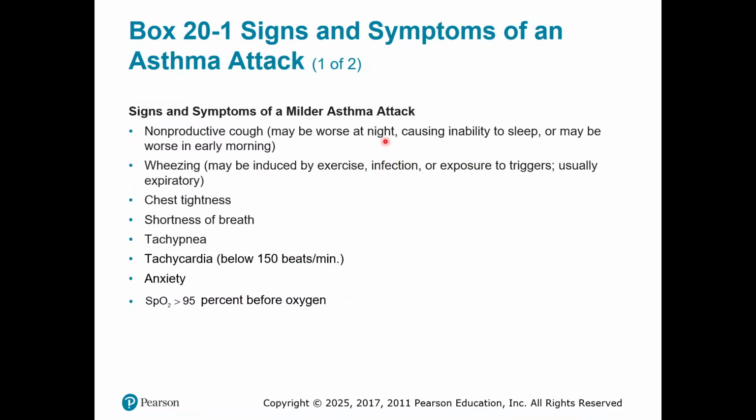Signs and symptoms of a milder asthma attack: non-productive cough, wheezing, chest tightness, shortness of breath, apnea, tachycardia, anxiety, and they have an O2 sat at 95%. All right, so all that's the signs of your milder attack.